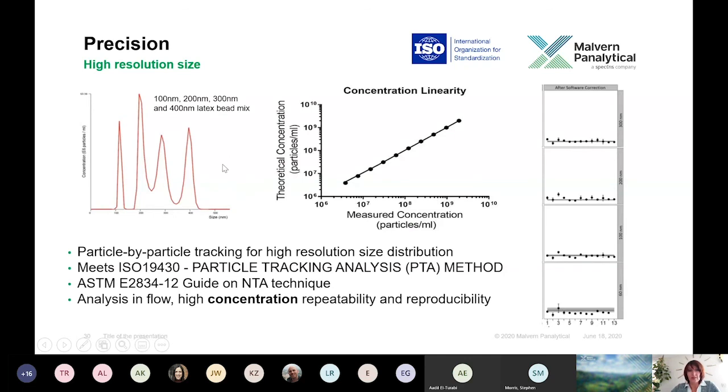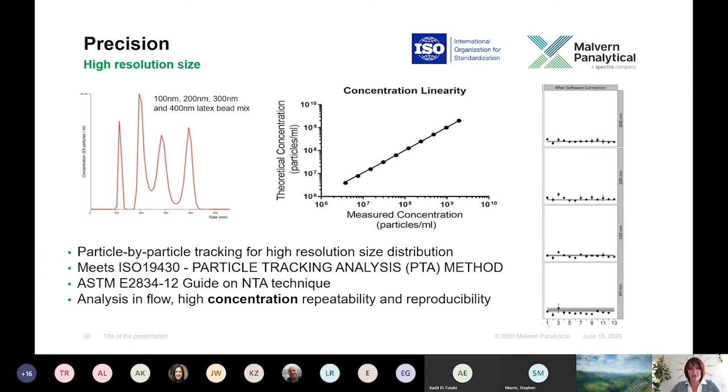As I mentioned, because we do particle by particle tracking rather than looking at the bulk mass of the particles, we are able to distinguish very small populations within a sample. In this example, we're looking at a mixture of 100, 200, 300, and 400 nanometer latex. You can see all of the populations nicely in our size distribution.